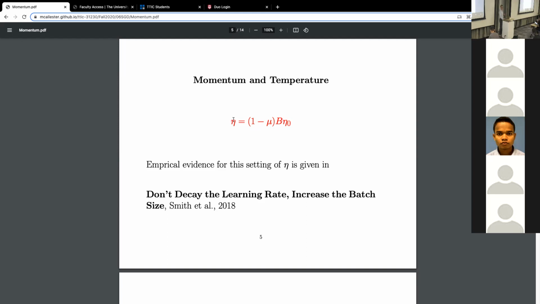So the learning rate should scale as 1 minus mu times B to get the same temperature. Even though we drop the time subscript on eta, we might still decrease the temperature. This is just how it depends on mu and B, so mu0 could depend on time.